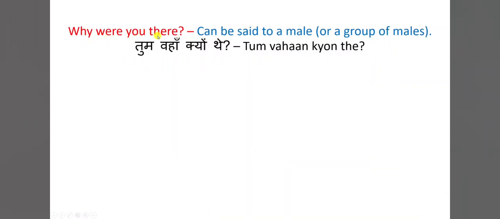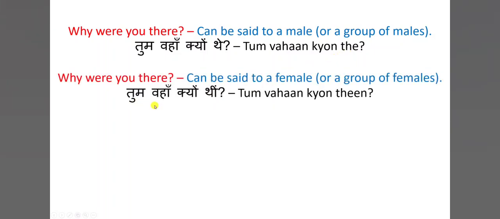Why were you there? तुम वहाँ क्यों थे? तुम is you, वहाँ is there, क्यों is why, थे is were. तुम वहाँ क्यों थी? तुम is you, वहाँ is there, क्यों is why, थी is were.